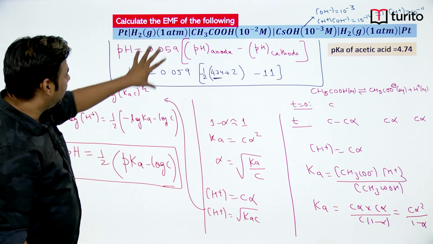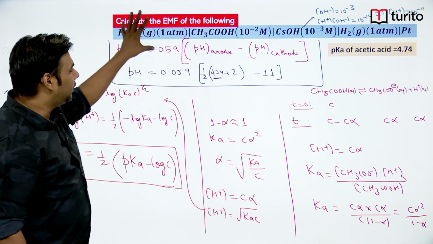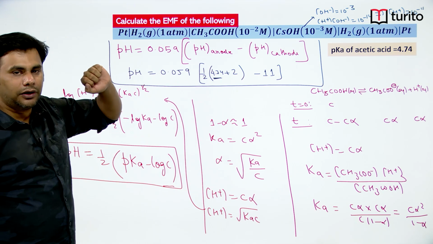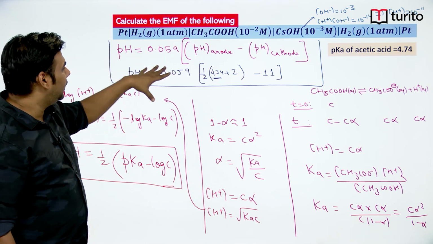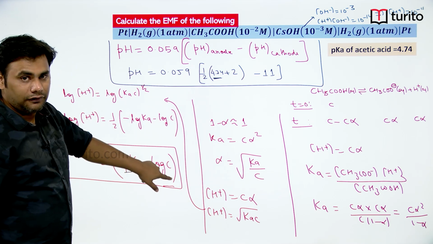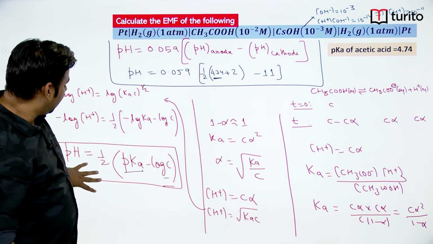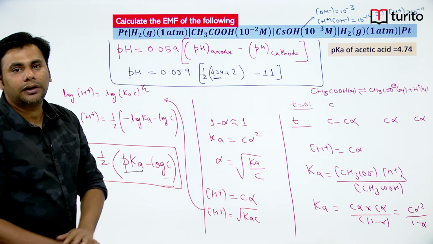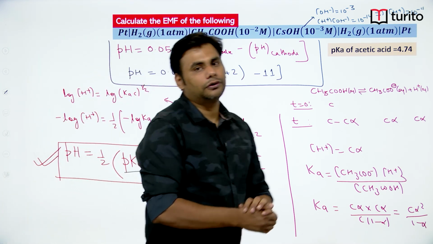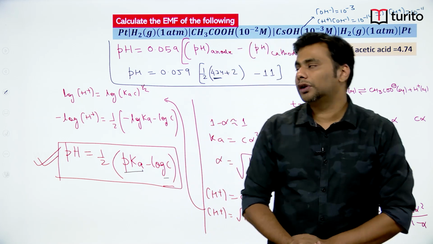We know that for an electrolytic concentration cell, the value has to be pH anode minus pH cathode into 0.059. We know the value of pK, we know the value of C. So we will calculate the pH at anode, we will calculate the pH at cathode, we will just subtract them and multiply with 0.059. So this is how you solve such kind of question.